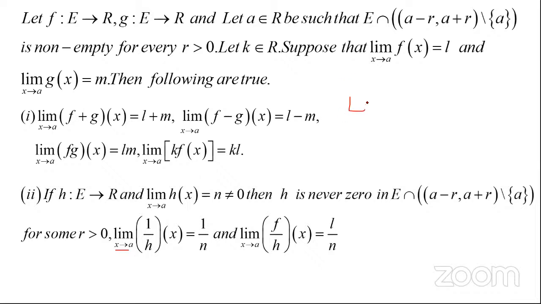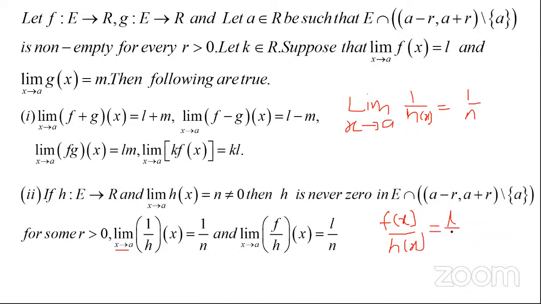So this is nothing but the limit as x tends to a of 1 by h of x, which can be written as 1 by N. And the limit as x tends to a of f of x by h of x equals L by N. That is the concept.